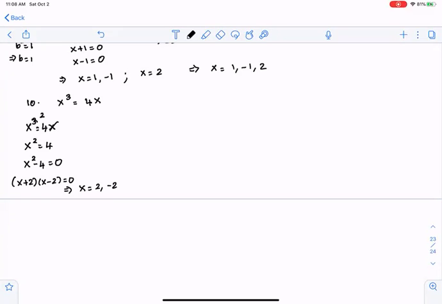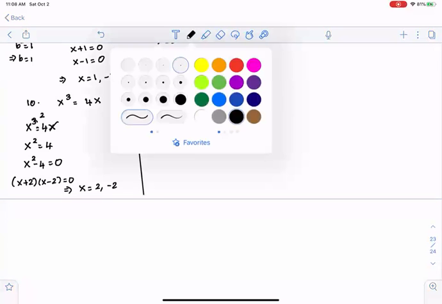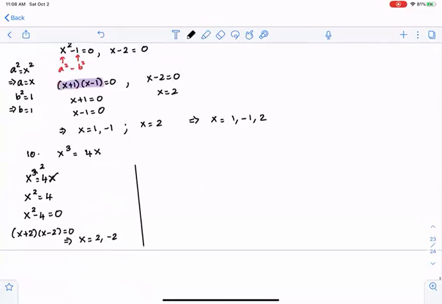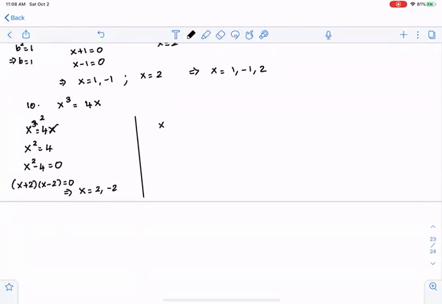This is okay, but the people who take this approach forget that there is another solution. So the correct way to do this is to move 4x to the left-hand side. And we have an x in common.